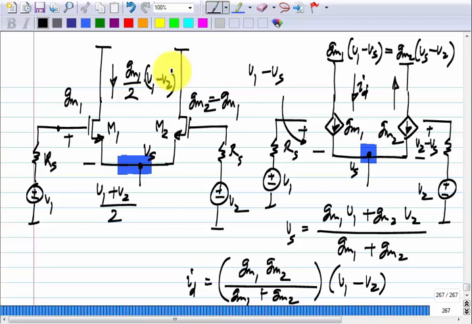Now, if I look at this circuit, I could equally well have started from V2 being applied to the gate of M2 and buffered V1 applied to the source of M2. Okay. So, essentially the picture is symmetric. There is no reason to think of V1 as the first input and V2 as the second input and so on. So, I want to make everything symmetrical.